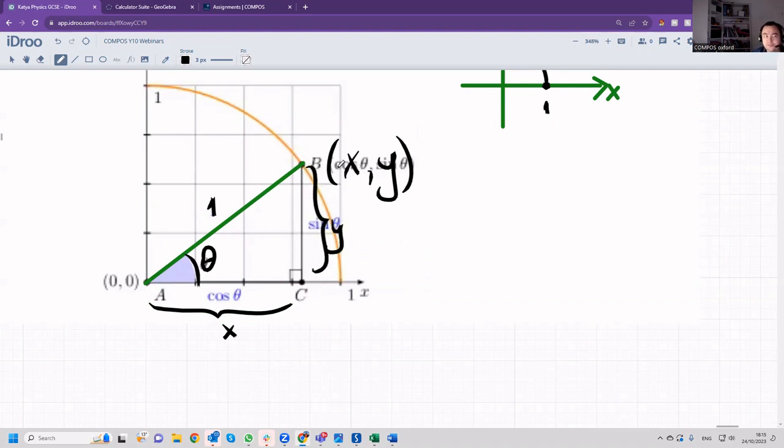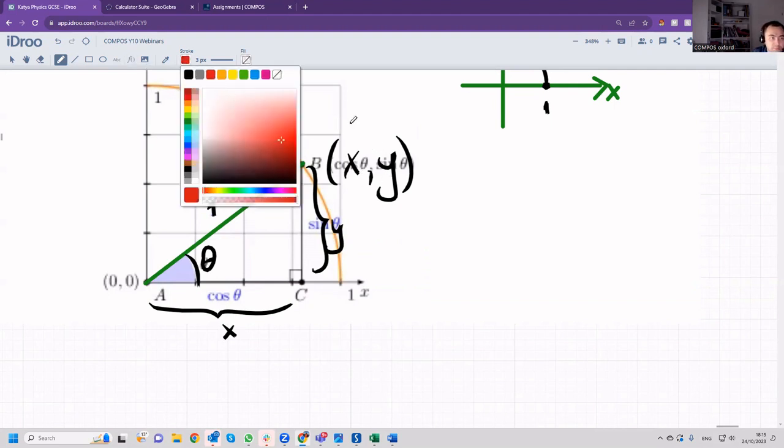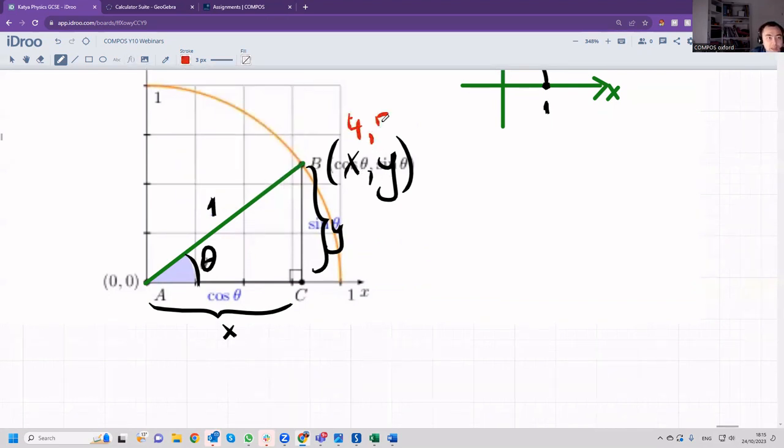So for example, if B was 4, 5, that means this would be 4 and this would be 5, because that's how it works. If the coordinates of point B are x and y, that means this distance is x and this distance is y.